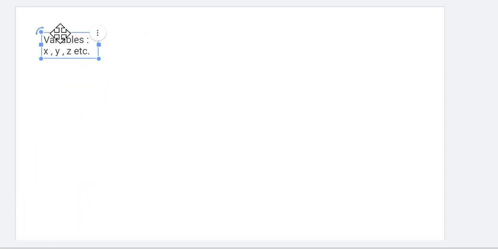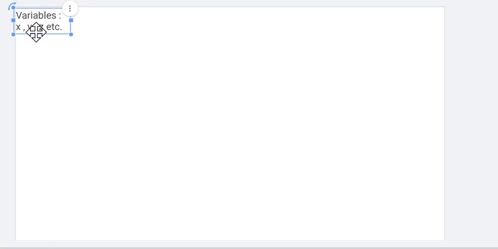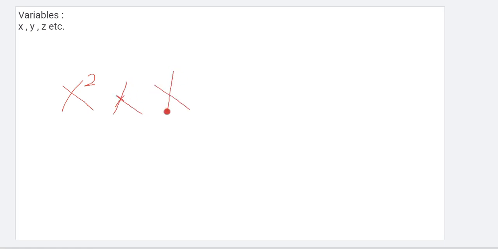We all know this. But when we're writing variables in exponents, then it can also cause confusion, because let's say we're writing 2 to the power x to the power 2 into x multiplied by x to the power 3.